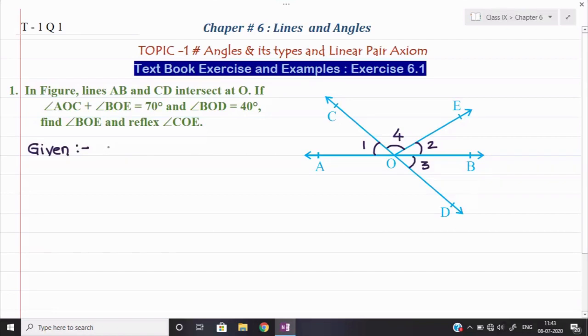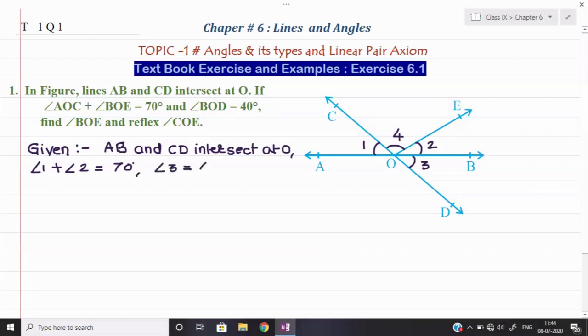So for example, I can say that AB and CD intersect at O. Second thing, the addition of these two angles, which we have already renamed: angle 1 plus angle 2 is equal to 70 degree. That is the one thing. Angle BOD means angle 3 we have given here, that is 40 degree.